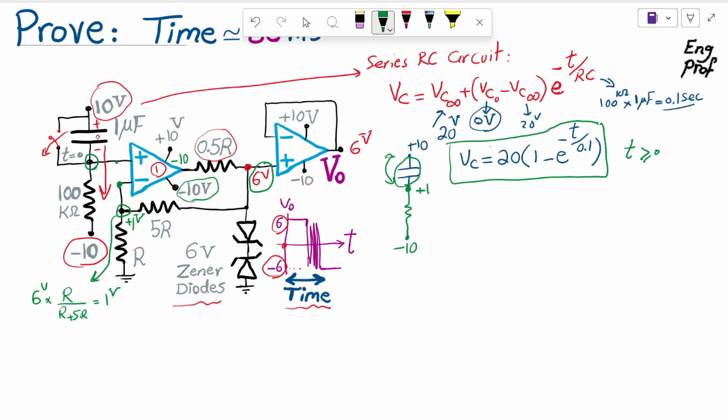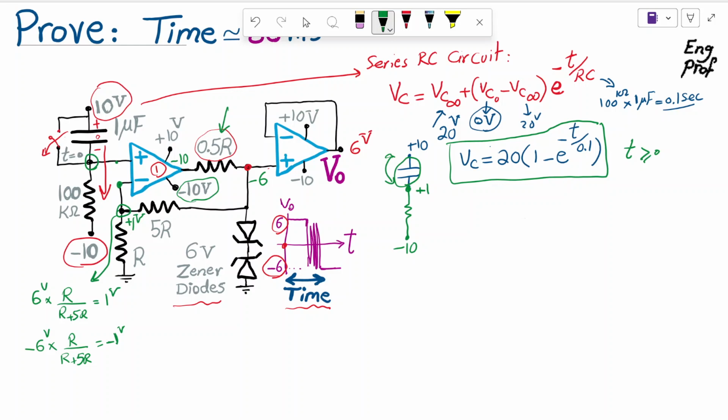As soon as it's negative 10, since again 0.5R is nothing compared to 5R and R in series, the output becomes negative 10, but then the other Zener diode kicks in and would clamp the output at negative 6. As soon as it's negative 6, then we have the same story. Negative 6 times R over R plus 5R will give you negative 1 volt.